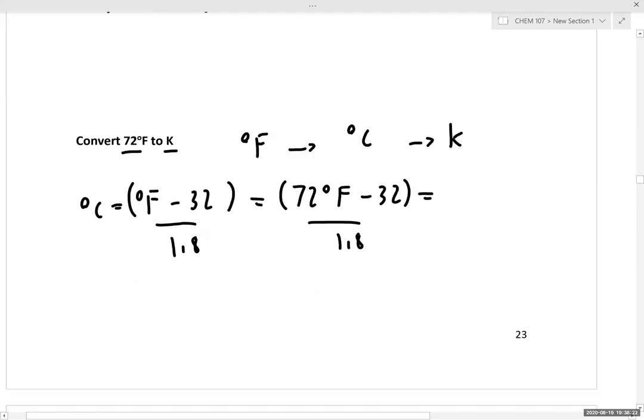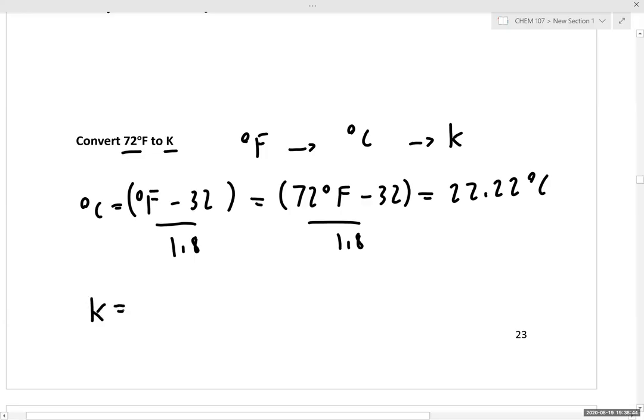And that in turn gives us, so we have 72 minus 32 over 1.8, and that gives us 22.22 degrees Celsius. We're carrying excess digits just so that we don't end up with rounding errors.